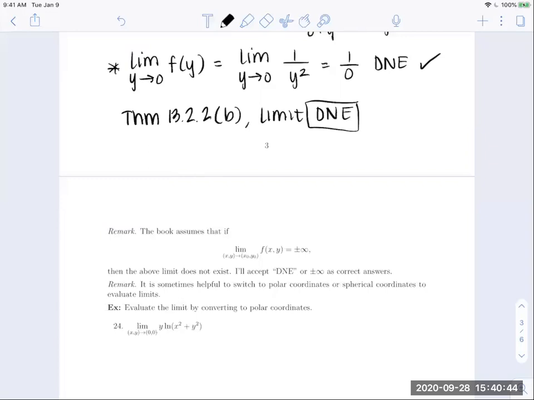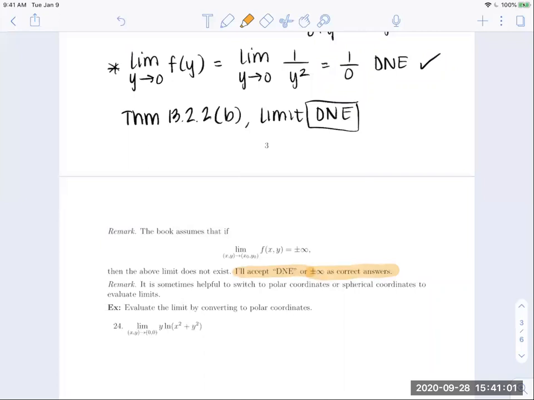So suddenly now they're deciding that it's not reasonable and they're calling that does not exist. So as a note here, I will accept does not exist or plus or minus infinity as correct answers if that happens to be the case. So just wanted to make a note on that.